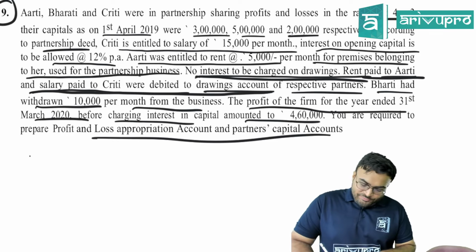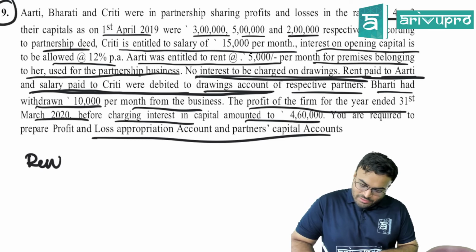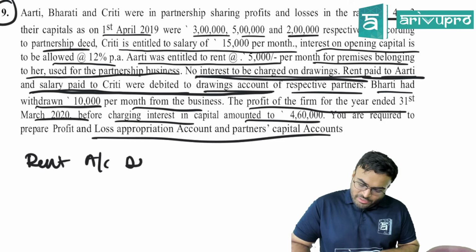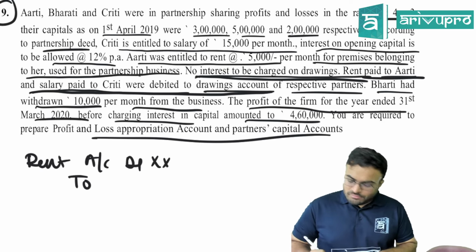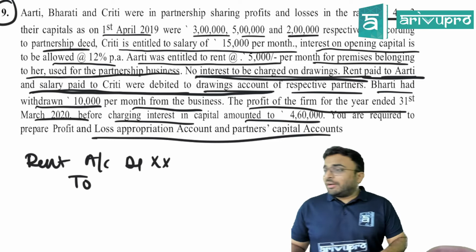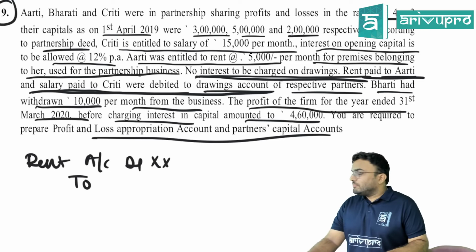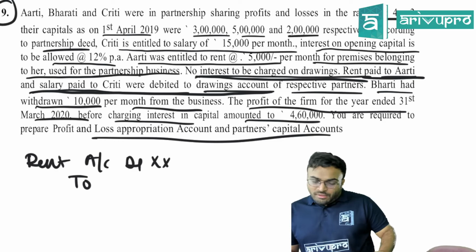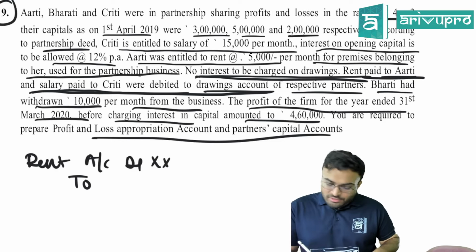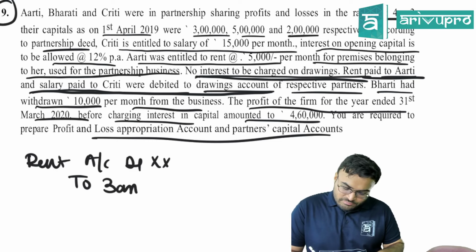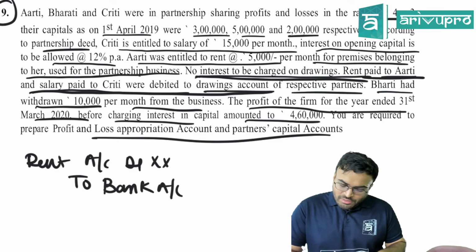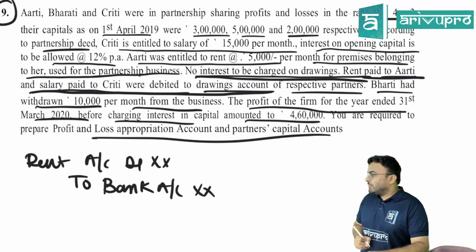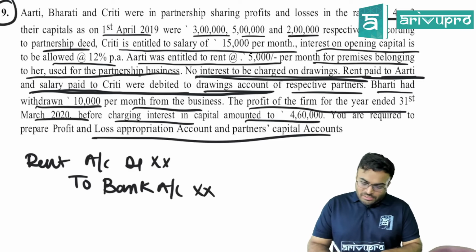Now, the correct entry for rent paid is rent account debited to what? It is already paid, so it should be cash or bank account. It should have been rent account debited to cash or bank account.